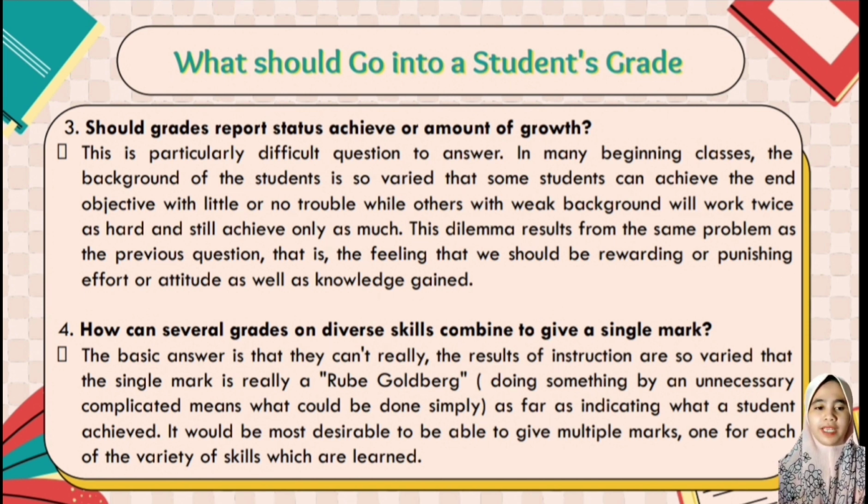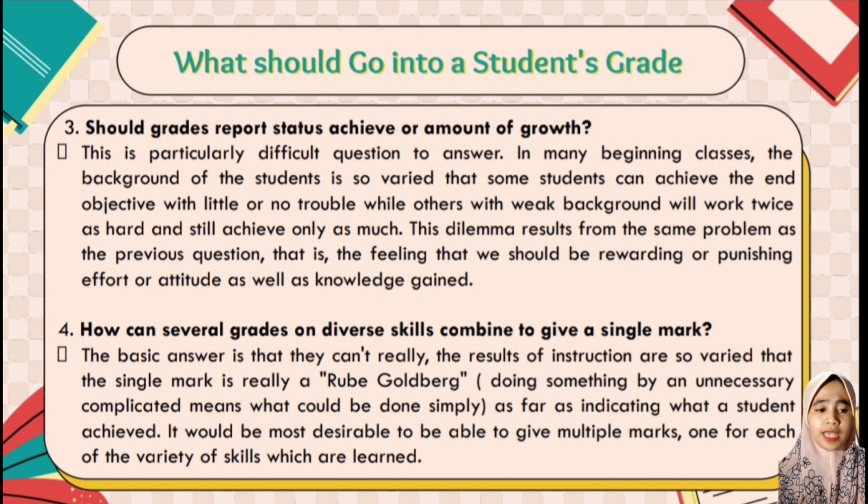The last question is how can several grades on diverse skills combine to give a single mark? The basic answer is that they can't really. The results of instruction are so varied that the single mark is really a Rube Goldberg.